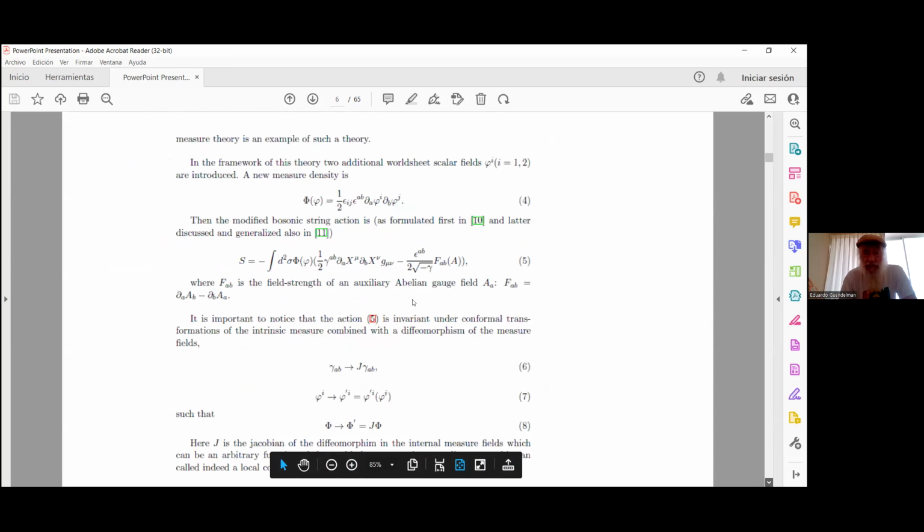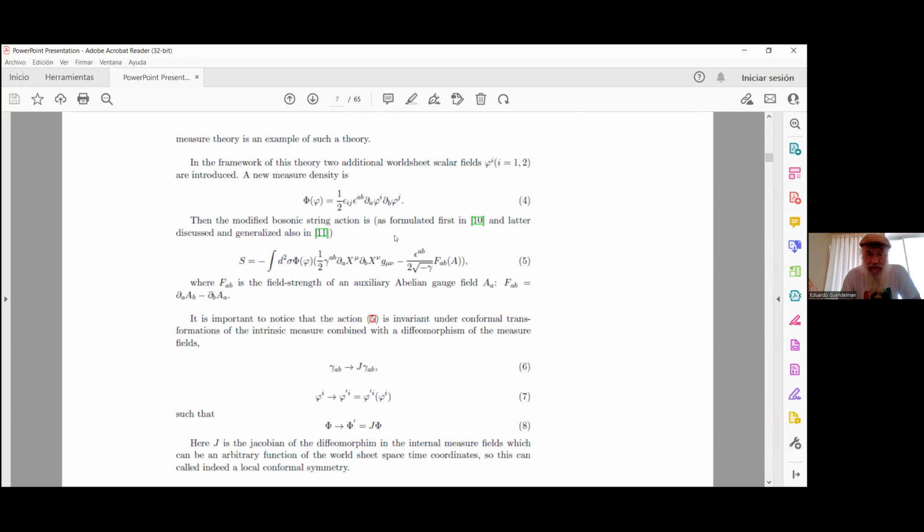Now we want to replace the square root of minus gamma by a density which is metric independent. A consistent way to do that is to replace the square root of minus gamma there by this density, but then you have to add this term where F_ab is a field strength that lives in the string. F_ab is ∂_a A_b minus ∂_b A_a.